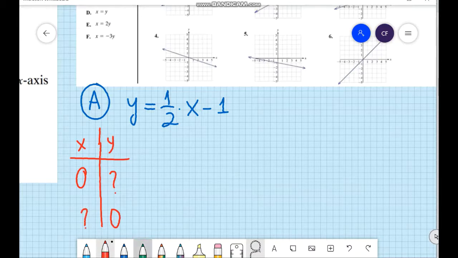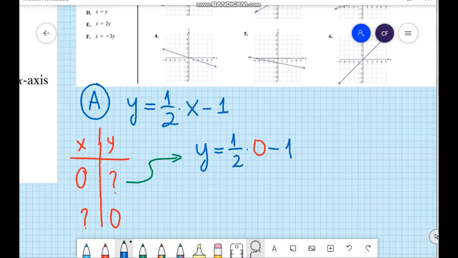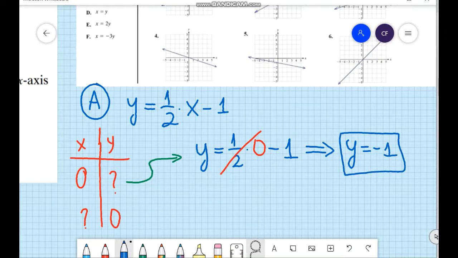Okay? This first one, x equals 0, that means y equals 1 over 2 times 0 minus 1. The result here is going to be y equals -1. So you fill out x equals 0, y equals -1.